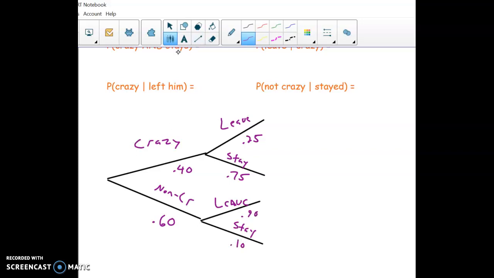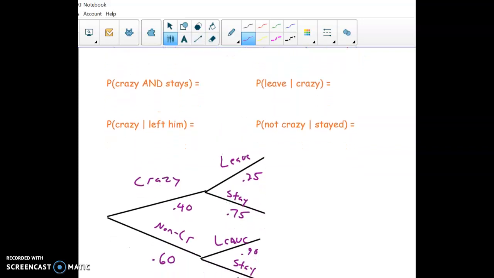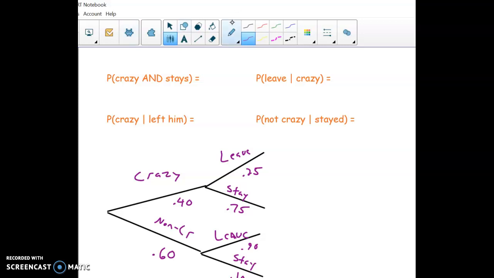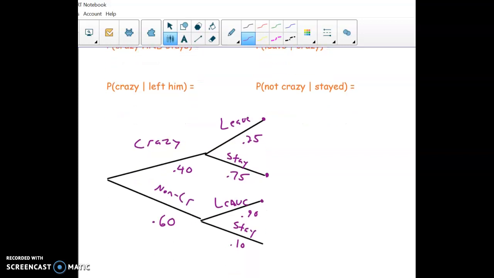Okay, so the next step before we calculate all these probabilities in orange here is let's do the dots. These dots are all the "and" probabilities, and you get them by multiplying the branches, because with "and" you just multiply along the way. So if I do 40% times 25%, that would be 10%. So 10% are crazy and leave.